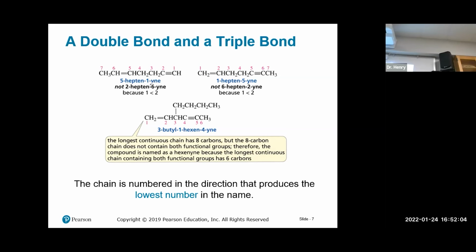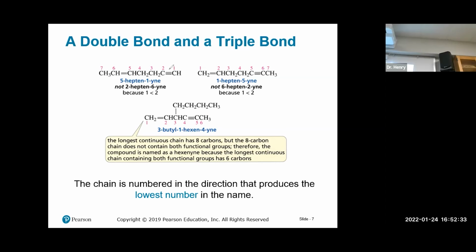The thing is that the yne and the ene are considered to be equals. So here we're looking at the lowest possible number, period. Because the yne has a 1 and the ene has a 1, 2, so 1 is less than 2, then we'll go with the yne.